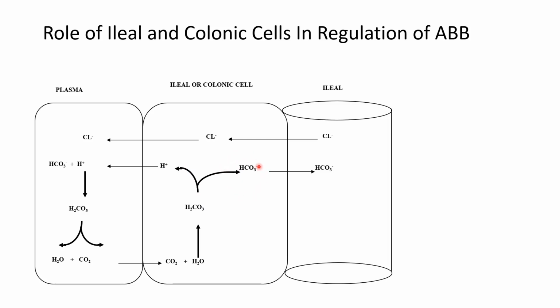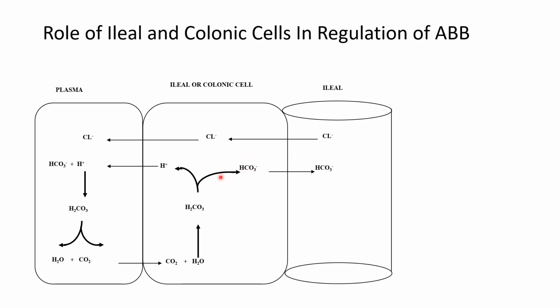The bicarbonate that is generated diffuses into the ileal and colonic lumen, where it helps in the digestion of food substances, and it is exchanged for a unit of chloride. This is also a chloride shift process going on here.